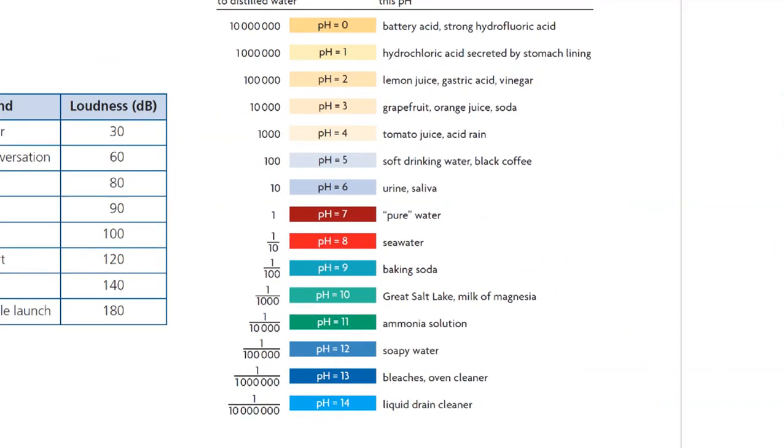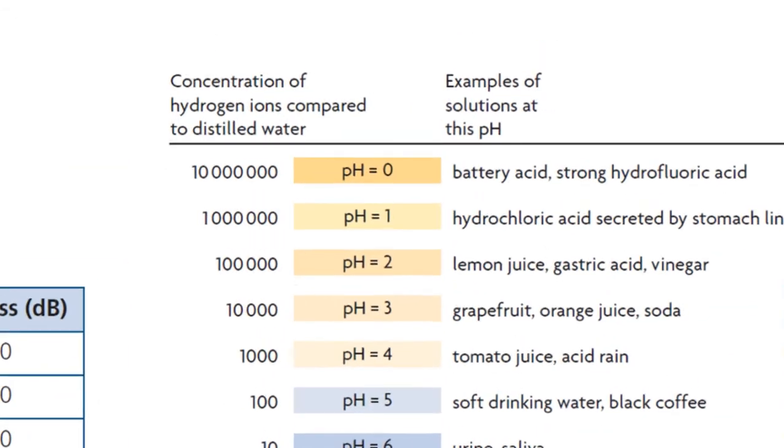And another one is pH. And the pH one, this little figure really shows nicely what's going on with the log scale. The different levels of pH are an indication of how many hydrogen ions are in it compared to water.